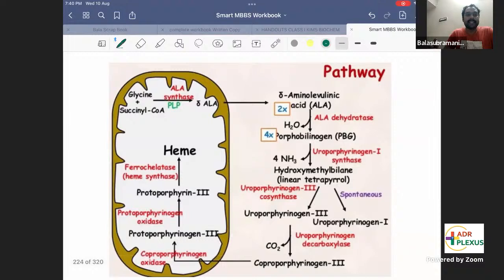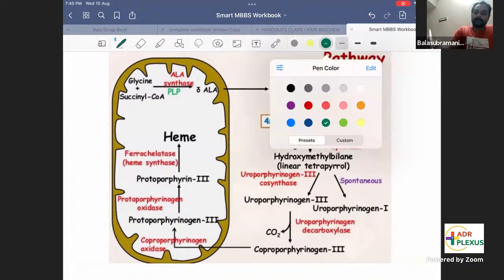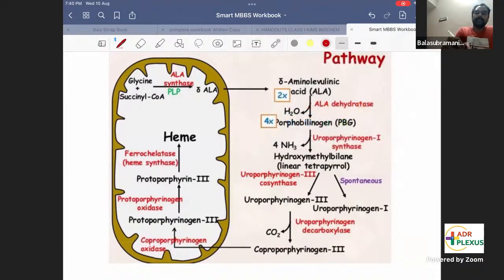This is basically the pathway of heme synthesis. Glycine plus succinyl-CoA, the reaction kicks off in the mitochondria, acted on by an enzyme called ALA synthase. The difference between synthase and synthetase is that synthase does not use ATP, while synthetase uses ATP.